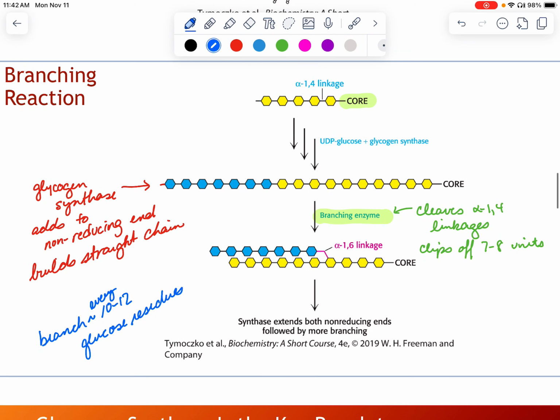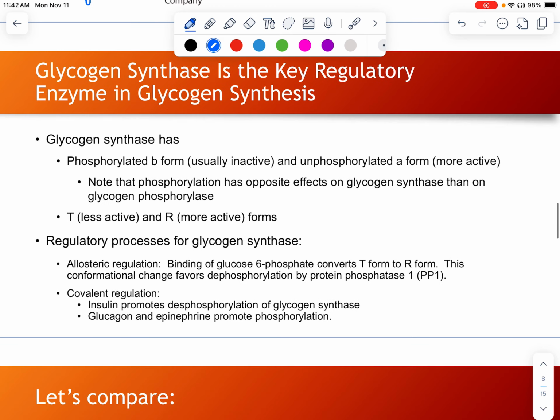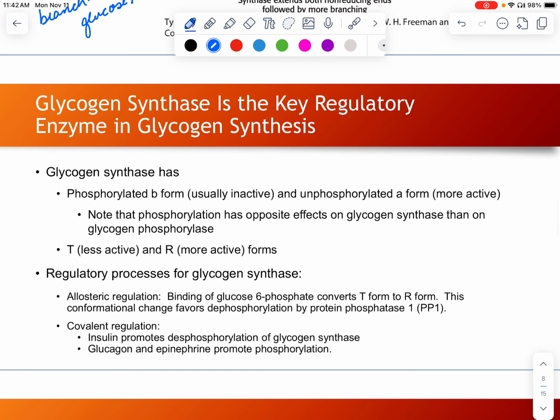Okay, these are really the only two enzymes we're going to need to keep track of here, this glycogen synthase and the branching enzyme. So let's talk about regulation. Glycogen synthase has both a phosphorylated and an unphosphorylated form. Notice that this is opposite the degradation pathway, and we'll talk about the importance of that.